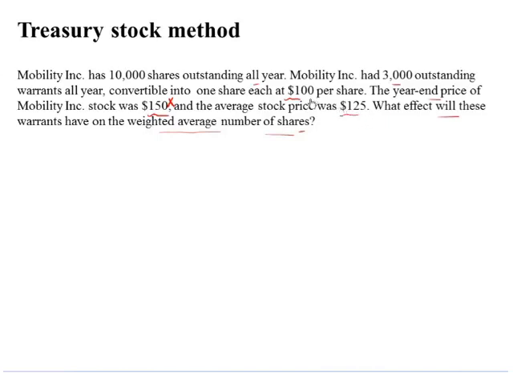You need only look at the average stock price to decide whether the warrant would have been exercised or not. So he has the right to buy at $100 and the average stock price was $125. So it is a fair assumption that there could have been a dilution or the options could have been exercised because you could buy at 100 and sell it for 125 in the market. So if the warrants were exercised, how much money would the company have received?